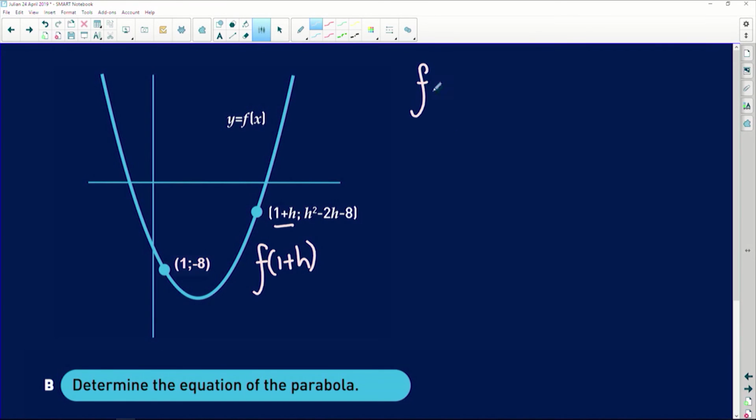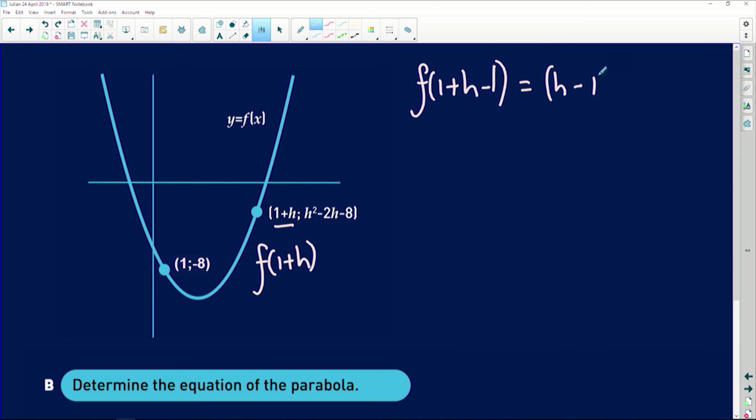Let me show you how this is done. We have f of 1 plus h, but we don't want 1 plus h. We just want f of h. So we're going to subtract 1, and that gives me an output value of h. Remember, we subtracted 1 from this side, so wherever we have an h, we're going to subtract 1 as well.